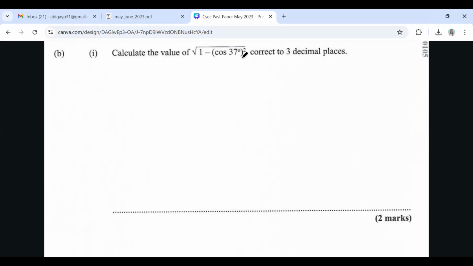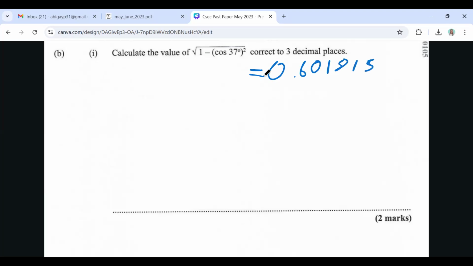So cos 37, close bracket, and then you put the square, equal. This is what it equals to, 0.601815.